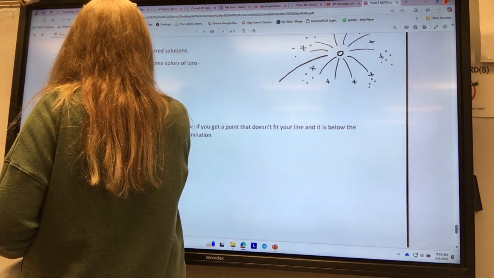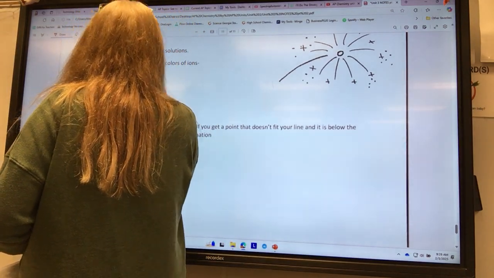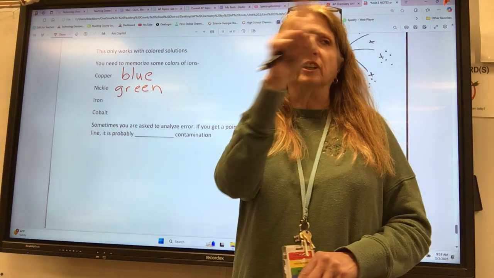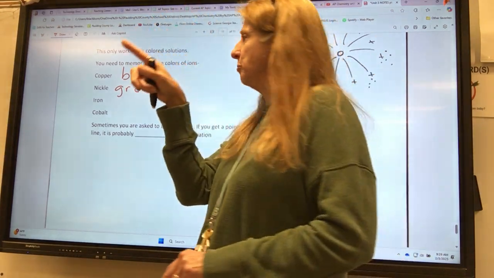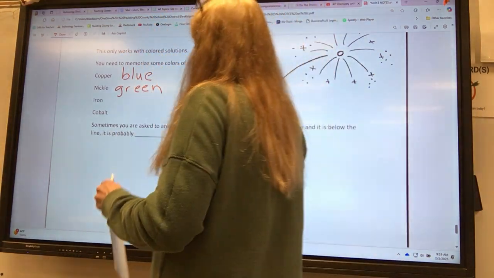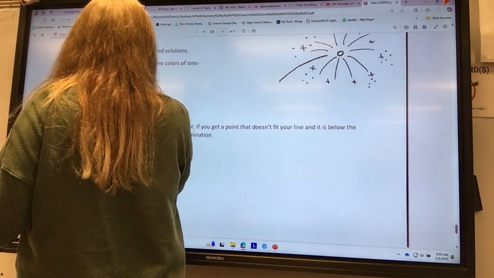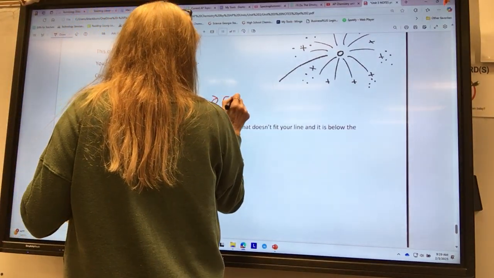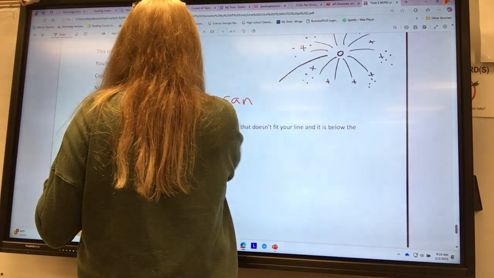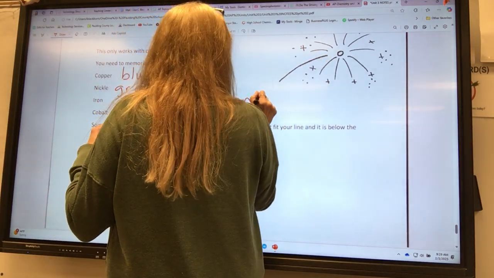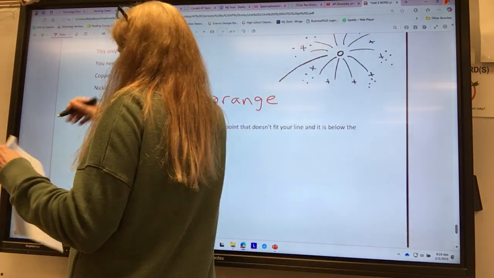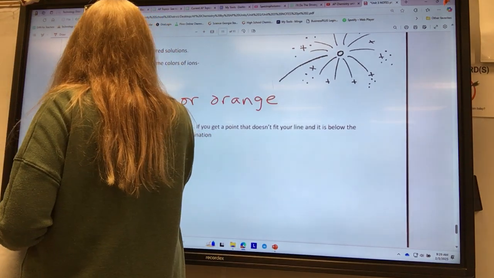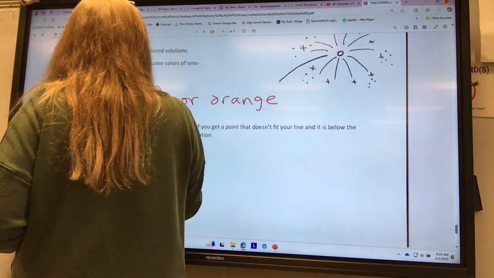Nickel, if you see a solution and it's green, I have a nickel solution in one of these little things around the room. You can see the color on it. If it is yellow or orange, it's usually got iron in it. This is not the firework color, this is the liquid color, the color of the thing you're sticking in the machine. Cobalt makes a pink solution.